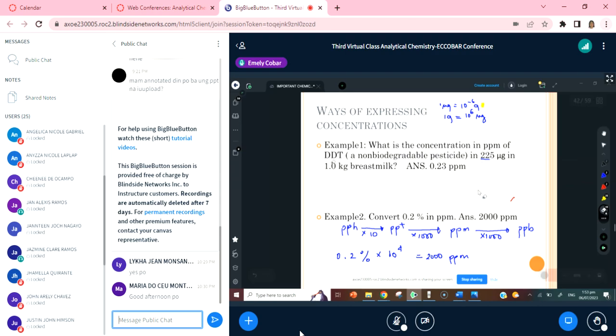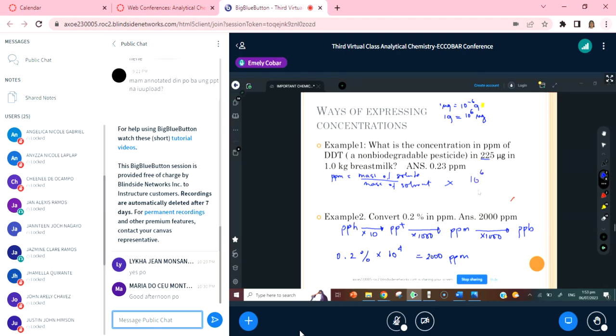Anong sabi dun sa isa sa formula? Okay, concentration in ppm is equal to mass of solute over mass of solvent, and then times 10 to the 6, di ba?